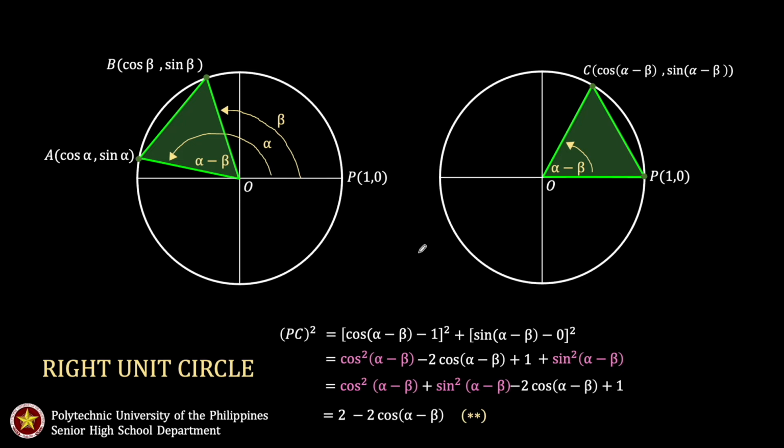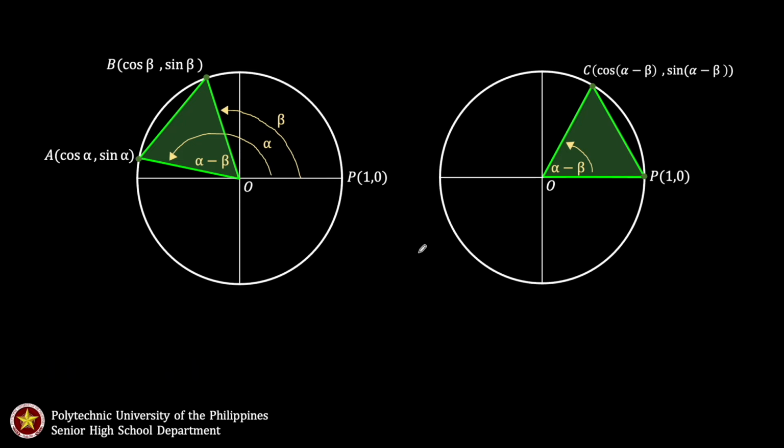Now, we said earlier that side AB and side PC must be equal. If we obtain AB squared and CP, or PC squared, AB and CP must be equal since they are sides of an equilateral triangle.